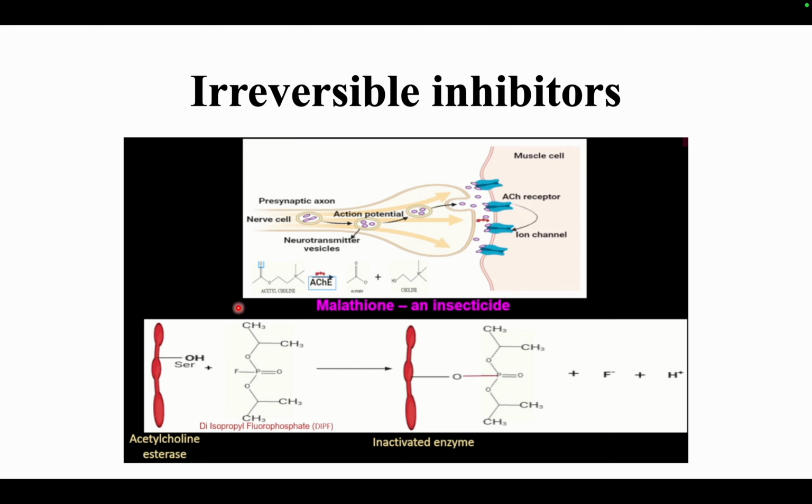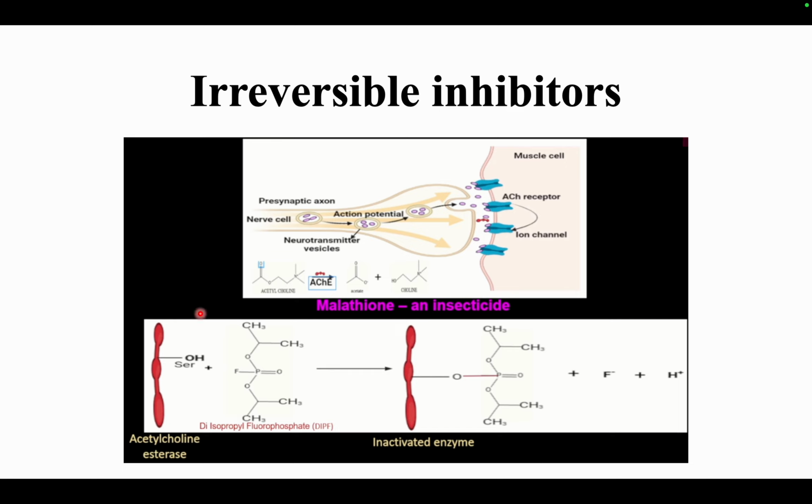Acetylcholine is a neurotransmitter present on the muscle receptor, and it is required for the contraction and relaxation of muscles. So if this enzyme is inhibited, then we could have problems in contracting or relaxing muscles, which could lead to paralysis.